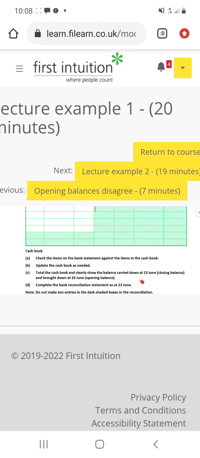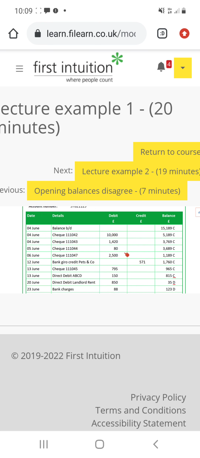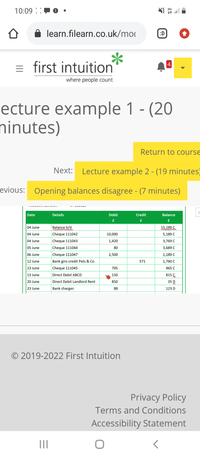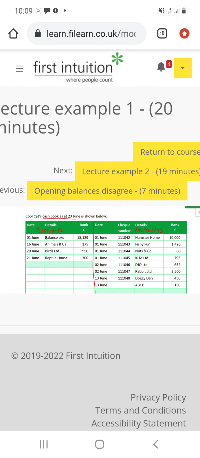So remember, step number 1, the very first thing we do is check our opening balances. Per the bank statement, I've got a balance brought down of 15,189 credit. In the cash book, I have 15,189 brought down as cash in bank.